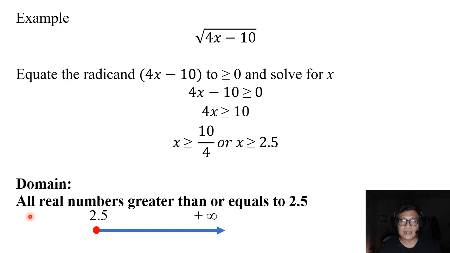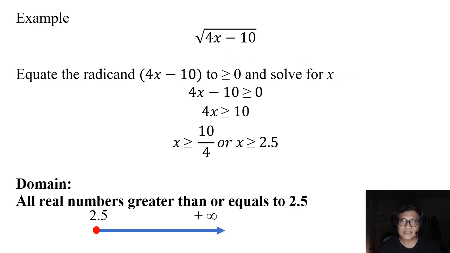We could say that the domain is all real numbers greater than or equal to 2.5. In the graph, we have a closed circle indicating that from 2.5 and above up to positive infinity will be the domain for this particular function. Any value less than 2.5 will make this function undefined.